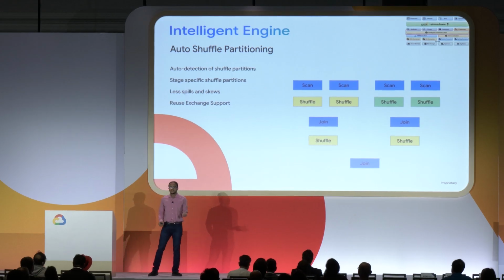Second, if you set it too high, your query becomes slower. If you set it too low, your query goes out of memory. And it is very difficult to tune because your data set keeps on changing, and the nature of your workload keeps on changing. So we developed a new algorithm that, based on the historical stats and the runtime stats, decides the shuffle partitions per stage. We made sure that we don't break reuse exchange and reuse subqueries as part of this optimization.